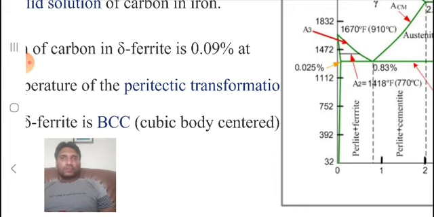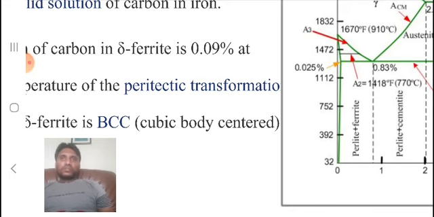Therefore, all medium carbon steels and low carbon steels are hypoeutectoid steels, and for hypoeutectoid steels, for the heat treatment process we use the A3 line for any heat treatment process, for example annealing, normalizing, or hardening. All these processes we will be discussing in the heat treatment unit.